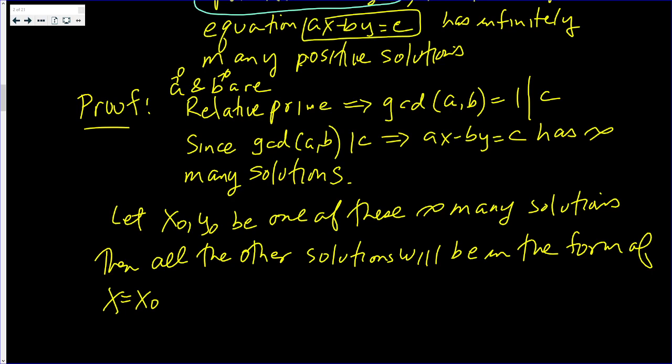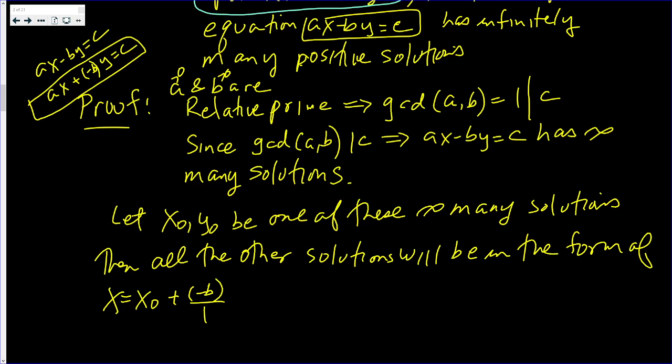Now, let me just write it here. We know that ax minus by equals c is the same as ax plus negative by equals c. And we know that when an equation is written in this form and we have a solution like x0, y0, all the other solutions will be in this form, where 1 is the GCD.